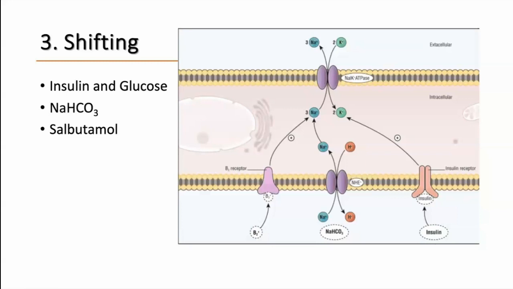And the way that all 3 of these work is by stimulating that sodium-potassium ATPase pump, which would then result in your extracellular potassium being taken up into your intracellular space, decreasing your serum potassium. Okay, we can go next.